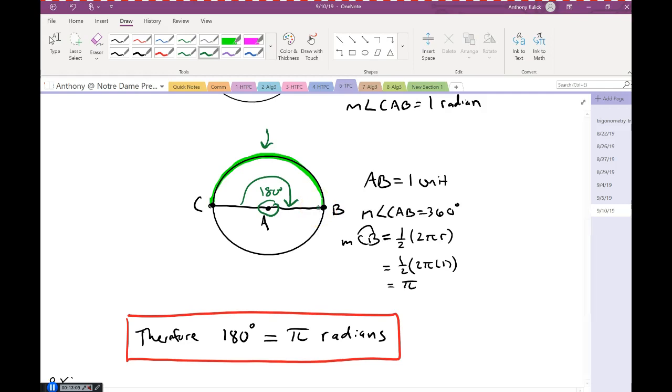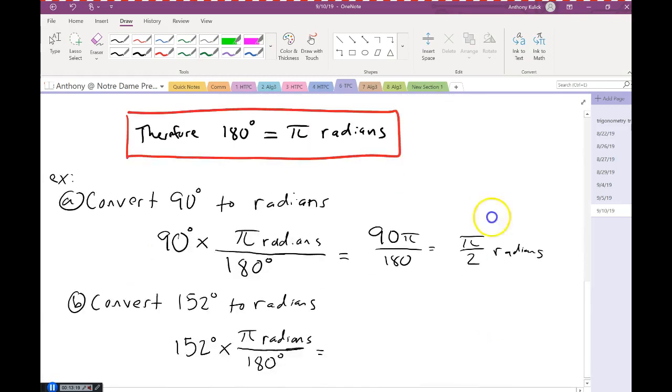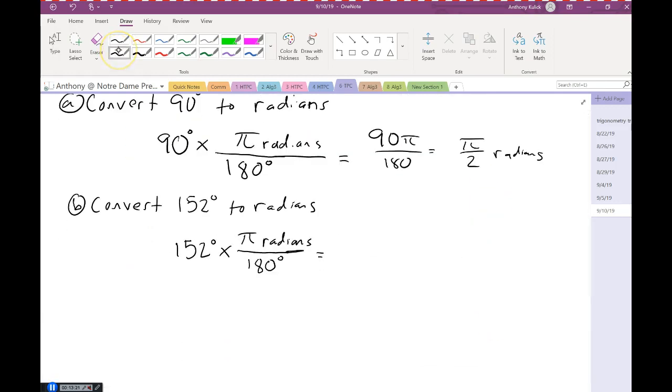And since arc length is basically the same thing as a radian, we can say that 180 degrees is equal to pi radians. And so I can multiply 152 over 180, or 152 pi over 180 when I multiply that.